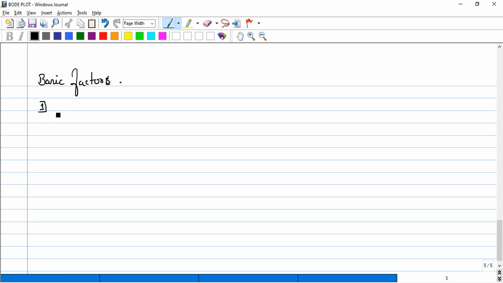The first factor will be gain K. The second factor will be the integral or derivative factor, that is nothing but s to the power plus or minus 1.